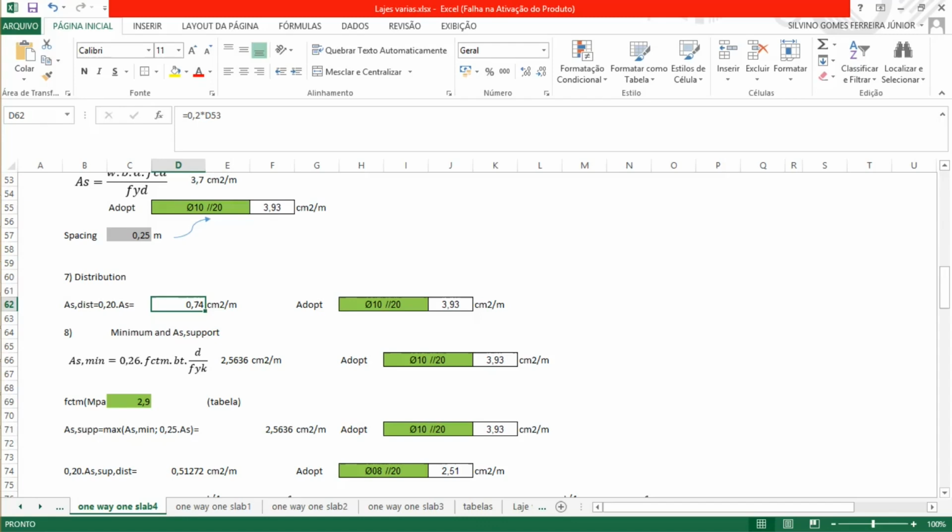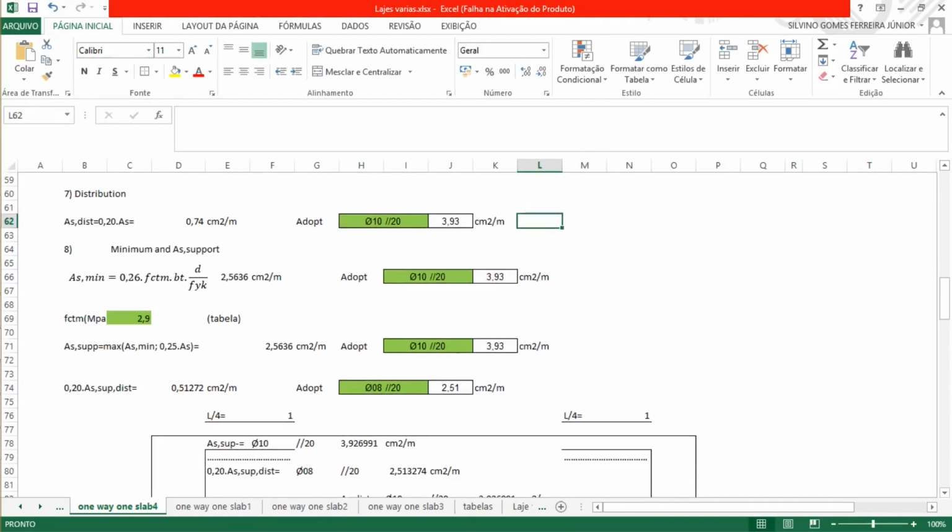Overall, it's beneficial. So I know the minimum was a phi of 10, spaced by 20, 3.93. That's what I locked here. It's much bigger than what I really need here. In this case it is a very small quantity that I'm spending for the reinforcement on the distribution.